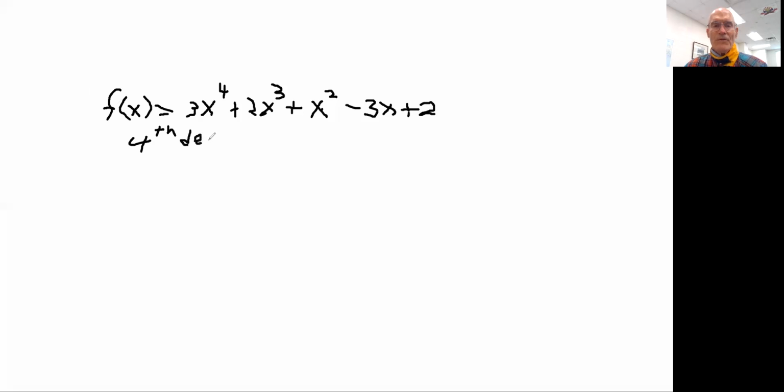And the 4th degree means it would have at most 4 real roots. So real roots would be less than or equal to 4.